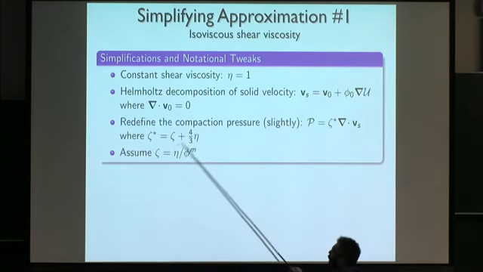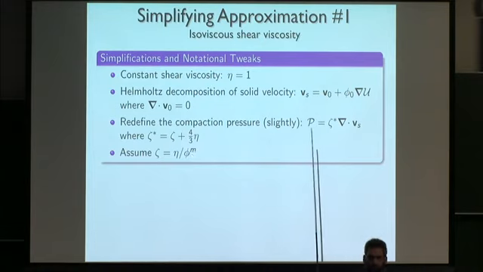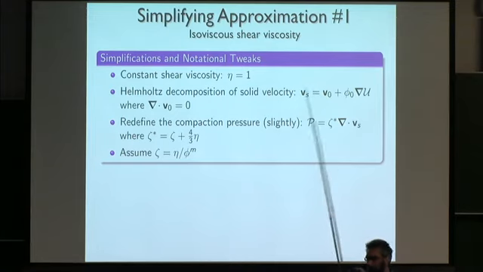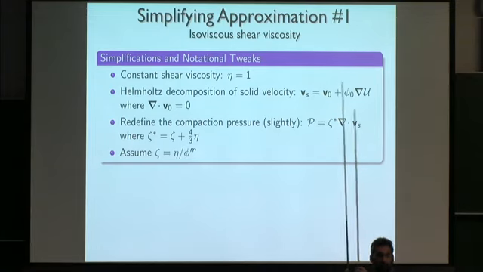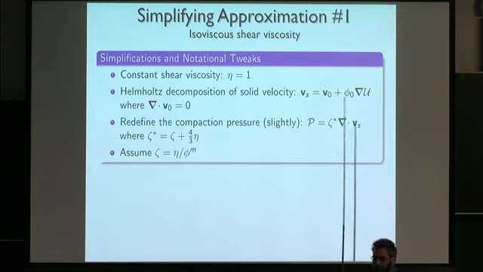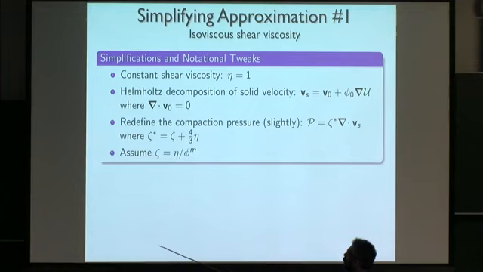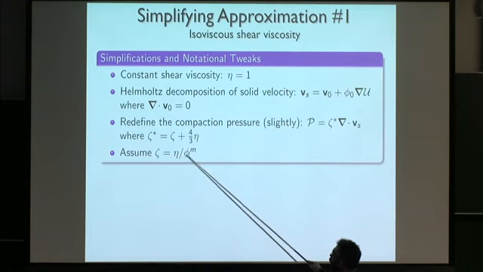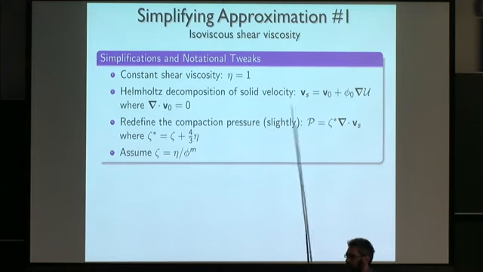The best handle I think we have on this at the moment is some periodic homogenization work by Gideon Simpson, which looked at the microscopic problem of two coupled Stokes problems and homogenized it up into effective equations. And there he shows pretty clearly that if that is the microscopic physics, then the bulk viscosity should look like the shear viscosity divided by the porosity. That as the porosity goes to 0, the system is incompressible.